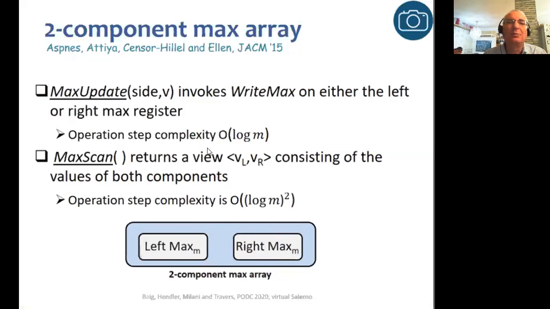The max scan operation returns an atomic view of the two components. When the values of both components are bounded by m, the worst case step complexity of max update, as I said, is logarithmic in m, but that of max scan is higher, it's O((log m)^2). However, this complexity may grow also here beyond any bound as m is being increased.